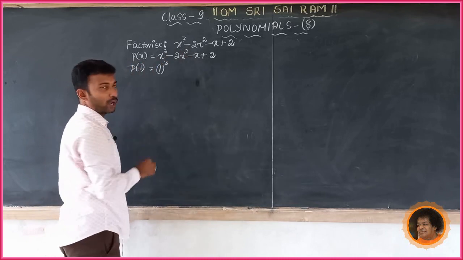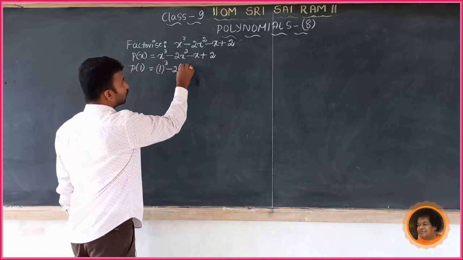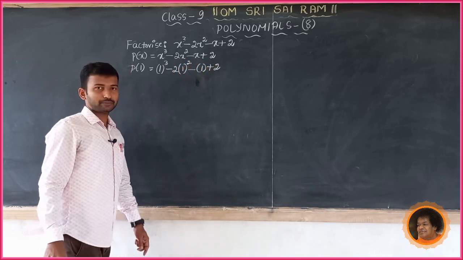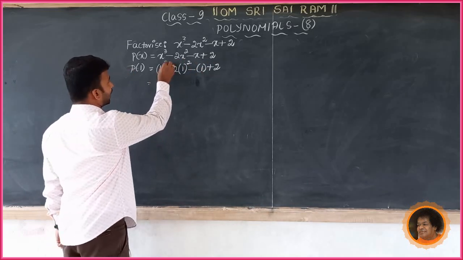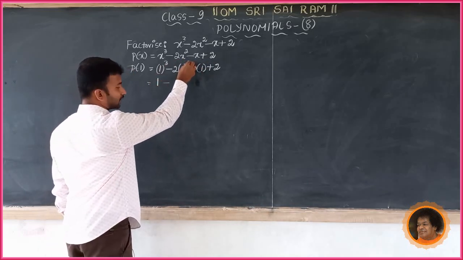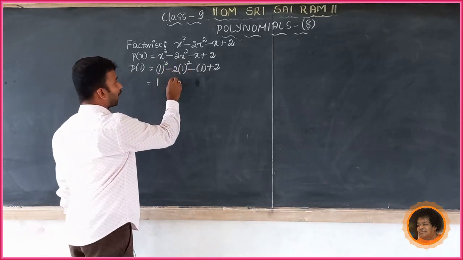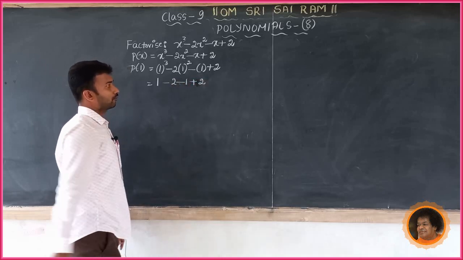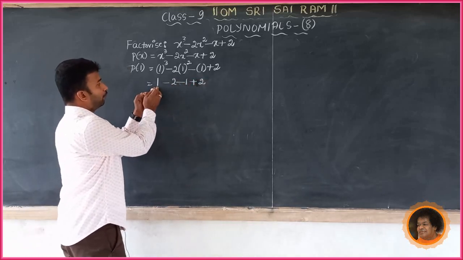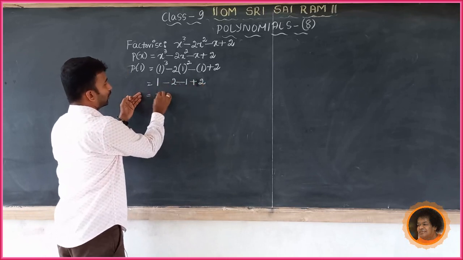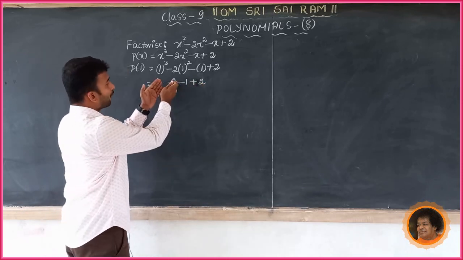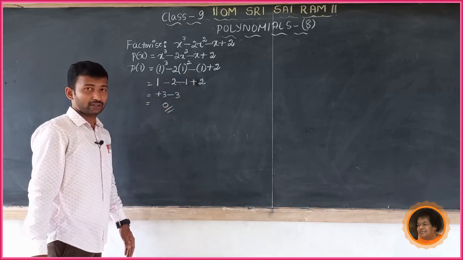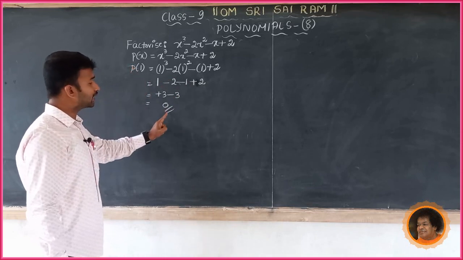So we get 1 cube minus 2 into 1 square minus 1 plus 2. Then simplify: 1 cube is equal to 1, 1 square is equal to 1, 1 into minus 2 gives minus 2, and minus 1, here plus 2. Collect the positive terms: plus 1 plus 2 is equal to plus 3, minus 2 minus 1 is equal to minus 3. After the simplification, we get p of 1 is equal to 0.